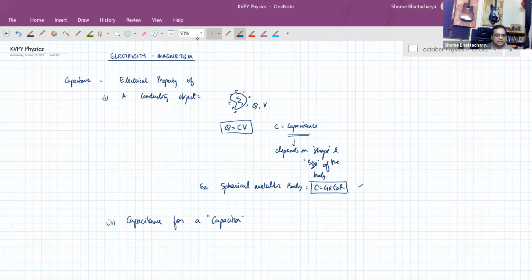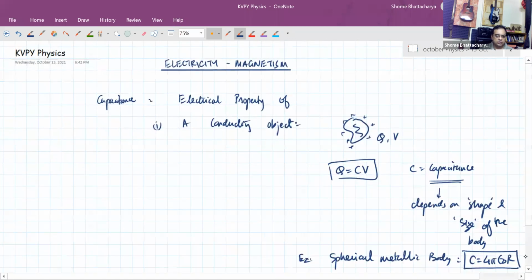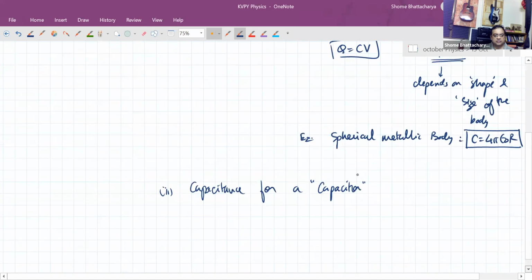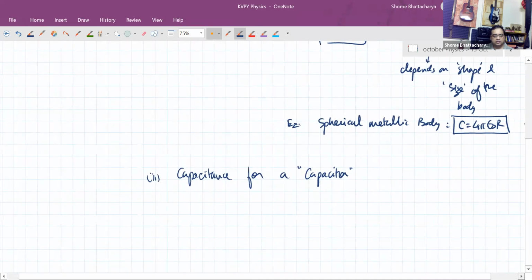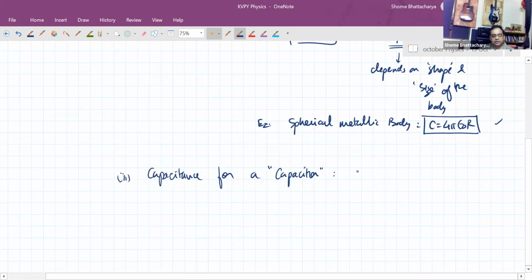Anyway, so what does a capacitor do? Let's understand that first. Then we'll discuss the capacitance. So a capacitor is basically a device which is used to store electrical energy.